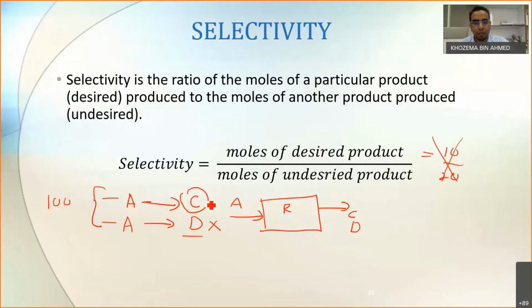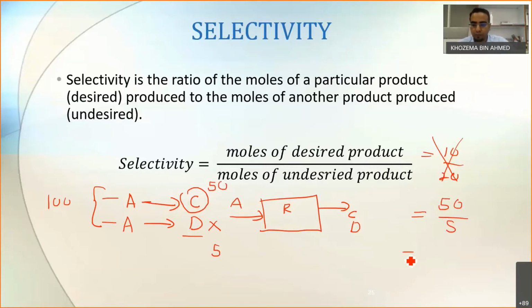After I have done all these changes, I find that I'm producing 50 mole of C and only 5 mole of D. So again, my selectivity is 50 over 5. Now I like this number because it is a big number. It is 10.